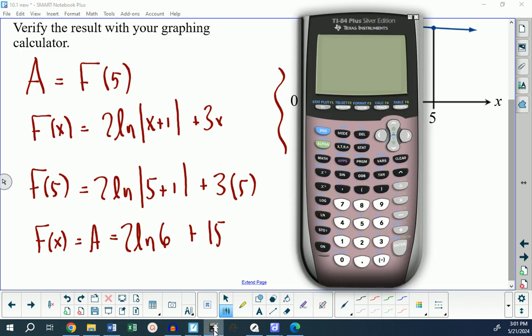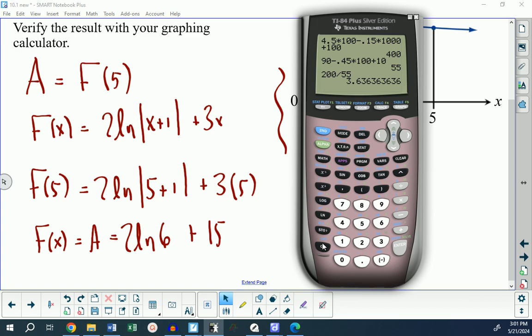Let's calculate what that is. What 1 square unit of area means is 1 unit in x by 1 unit in y, a rectangle that's 1 by 1 on the grid. Okay? 2 ln 6 plus 15, and I'm getting 18.58 something-ish. We can write that down or not.